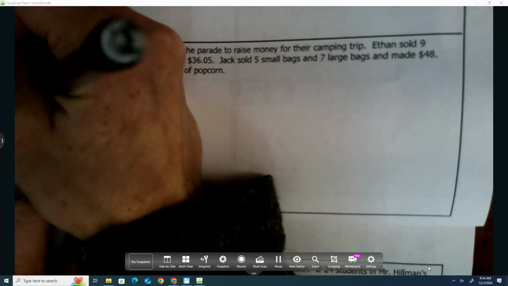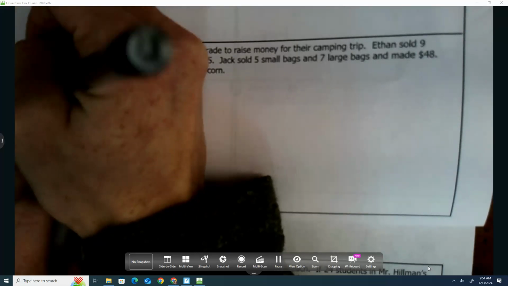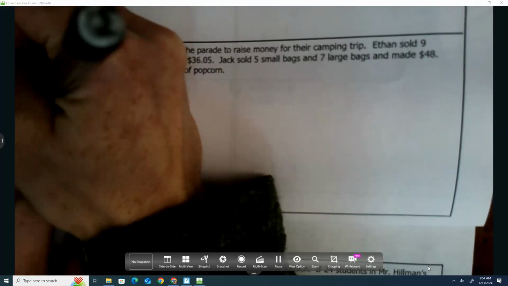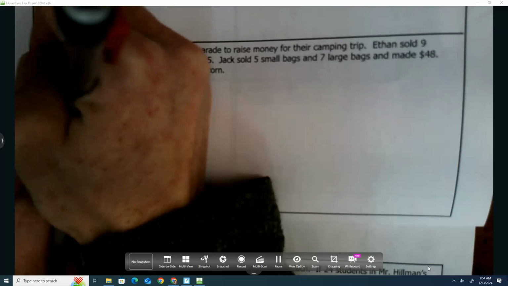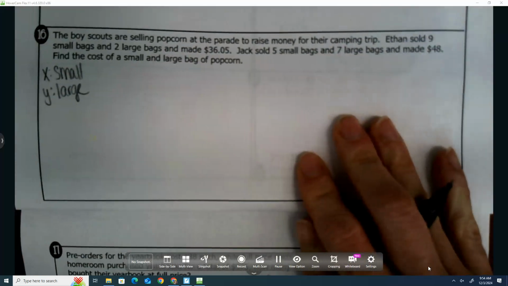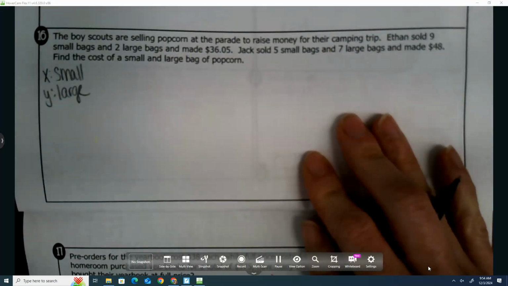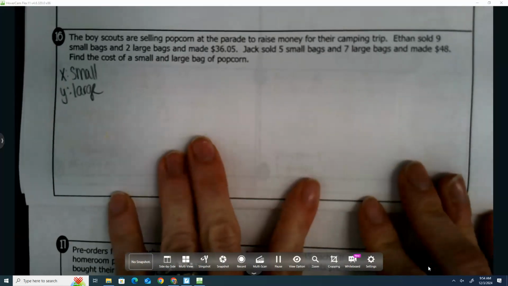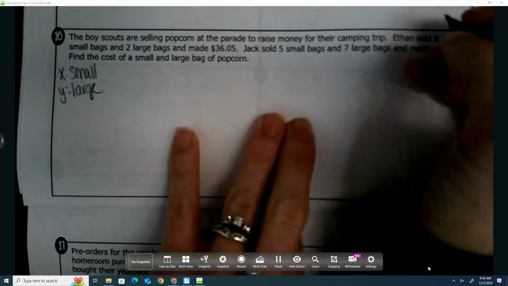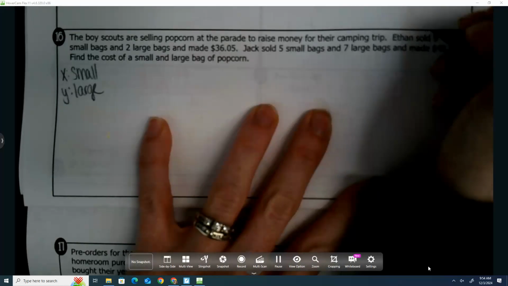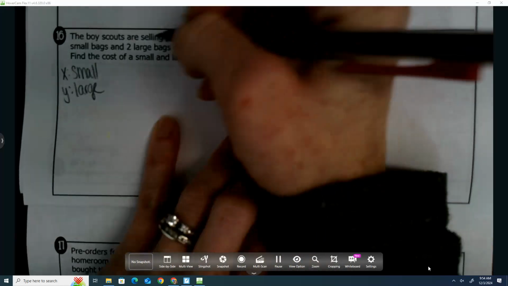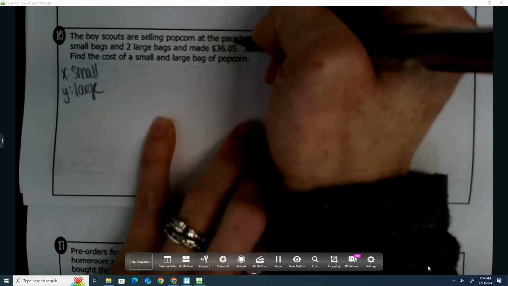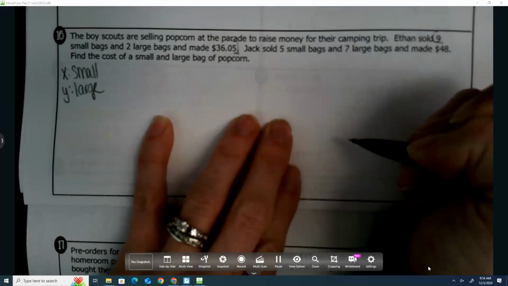So I'm going to say x is small, y is large. Even if you get nothing else correct, you get a point for telling me what your variables are. And likewise, even if you solve the whole problem, if you don't tell me that, you lose a point. Now we have to write an equation. We know 9 small and 2 large bags made $36.05.